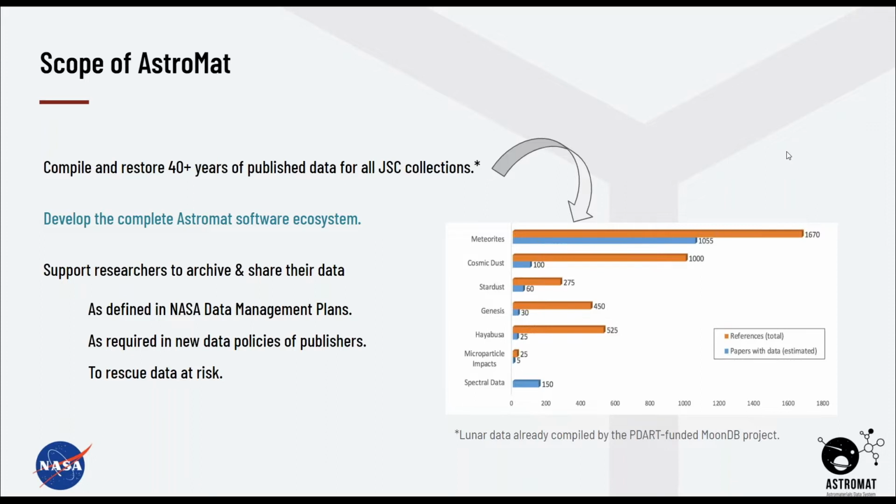And then we want to support our users in helping them to archive and share their data, put together data management plans for NASA proposals, and comply with data policies of publishers. We also, and I will come back to that at the very end, would very much encourage people who know of data at risk to help them get these rescued, archived in the system and made accessible in the long term.